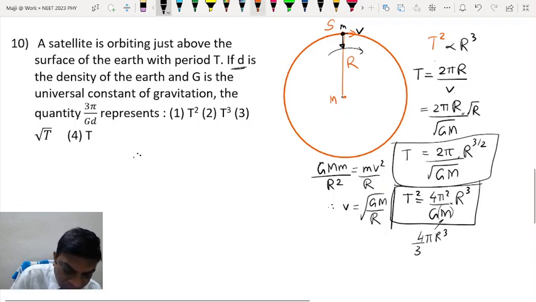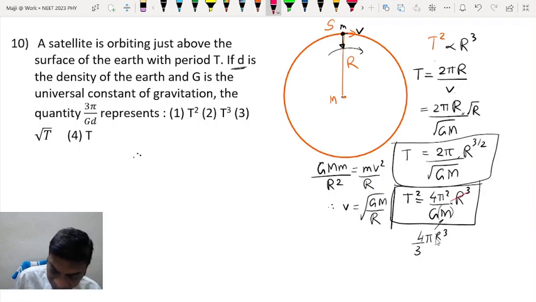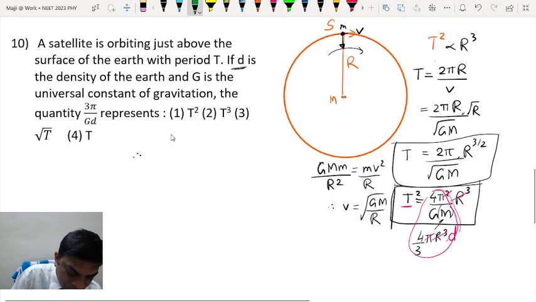You'll see that r cube gets cancelled, and a 3 and a pi get cancelled. So you are left with 3 pi by Gd. So it is proportional to T square. So the correct option is T square.